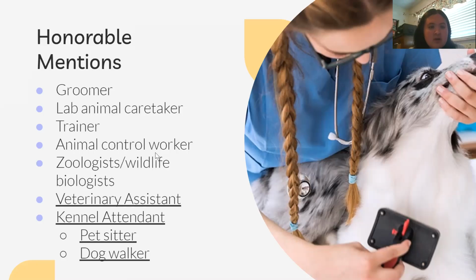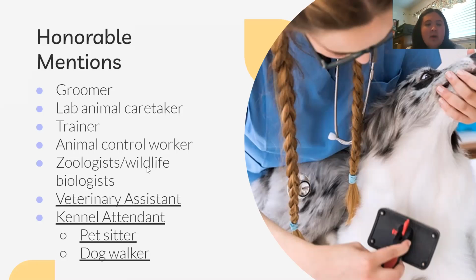Animal control worker. This isn't necessarily, oh, there's a wild animal and I need to go get the wild or dangerous animal out. It's more like rescue, or I think taking animals out of abusive relationships with their owner.